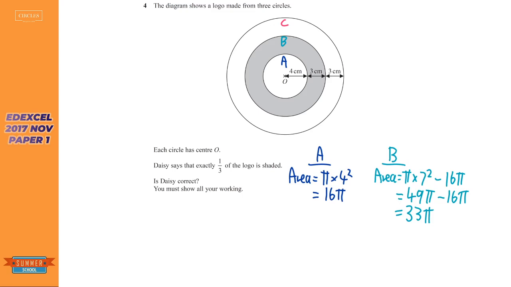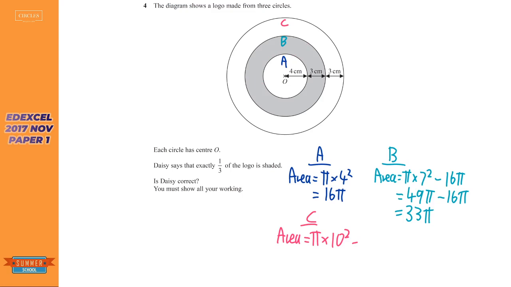Next we move on to C. So the area will be pi times, and this time it's going to be 4 plus 3 plus 3. So that is 10. So that would be 10 squared, and then we've got to take away the 33 pi.